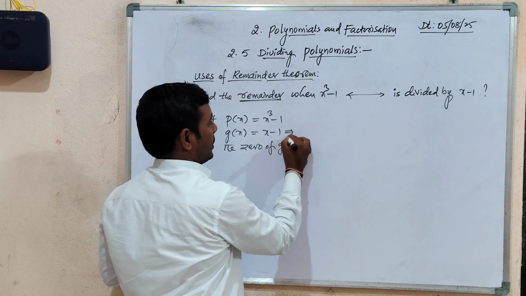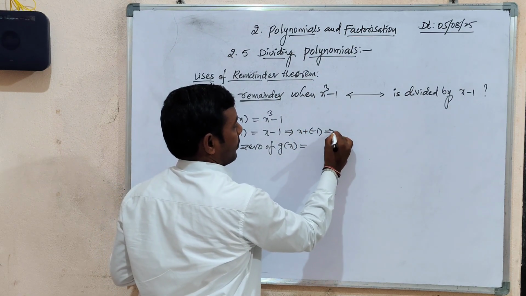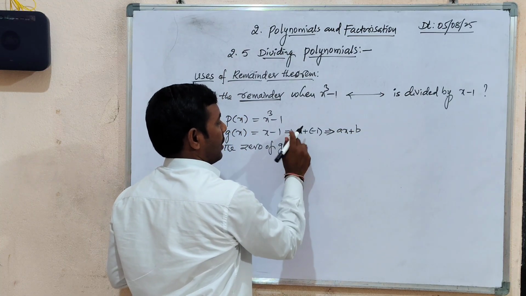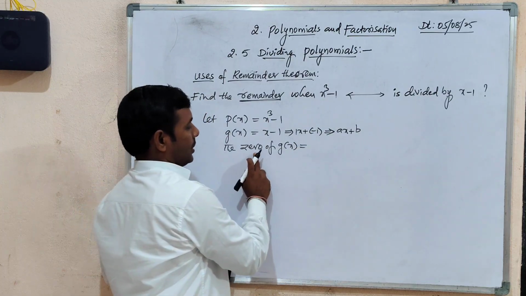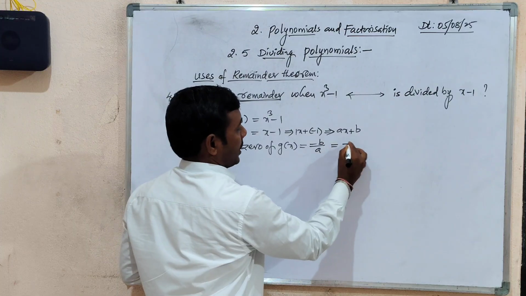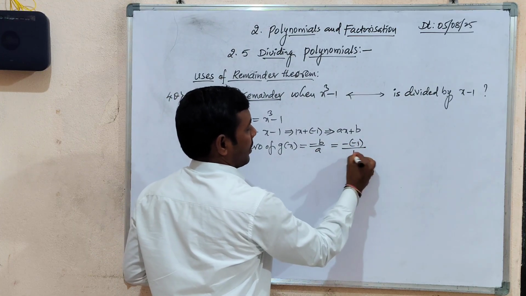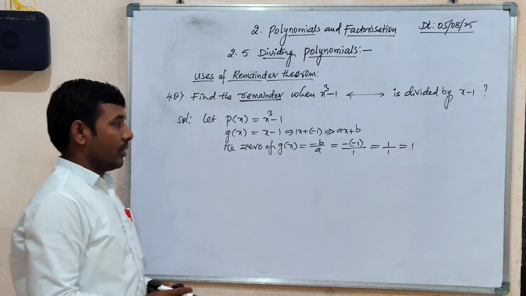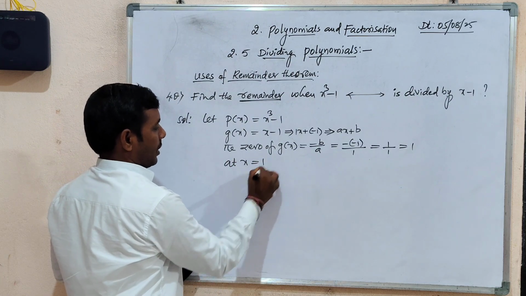Convert this like this: x plus of minus 1, which is in the form of ax plus b. Here a value is 1, b value is minus 1. So the zero of g of x is minus b by a, that is 1 by 1, the answer is 1. So x is equal to 1.